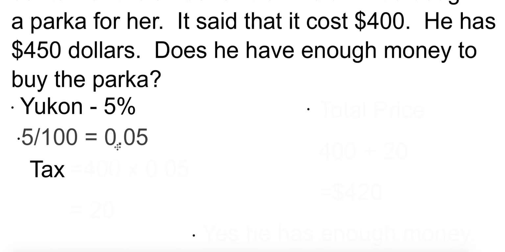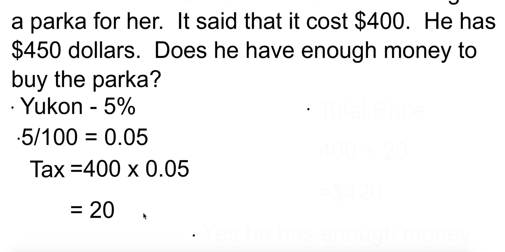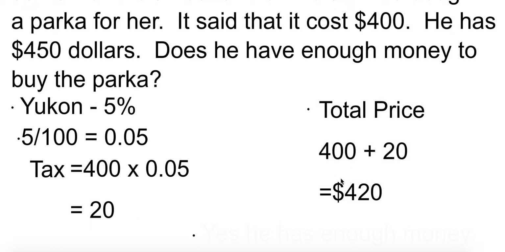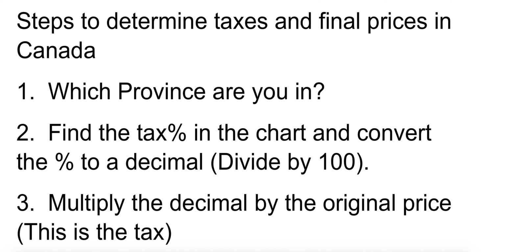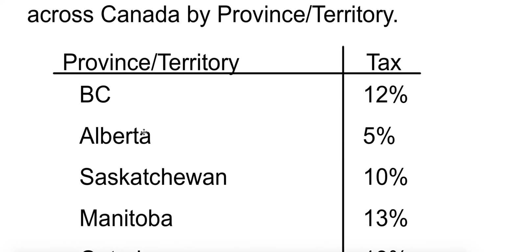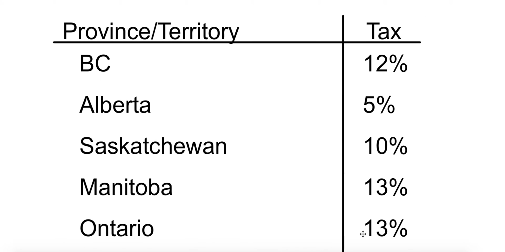So we take that 5 divided by 100, we get 0.05. We multiply that by our 400 and get 20. The total price is 420, so yes, he has enough money. If he was in Ontario, if we look back, the Ontario tax is 13%.